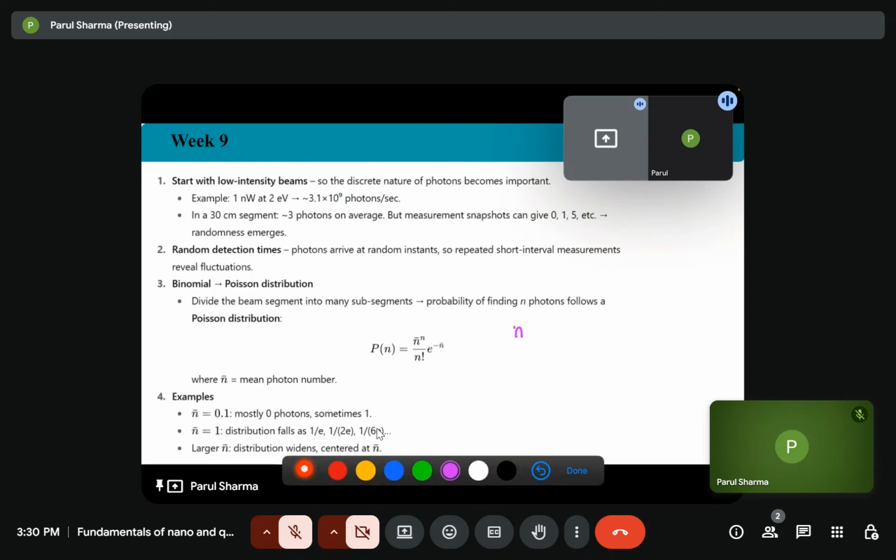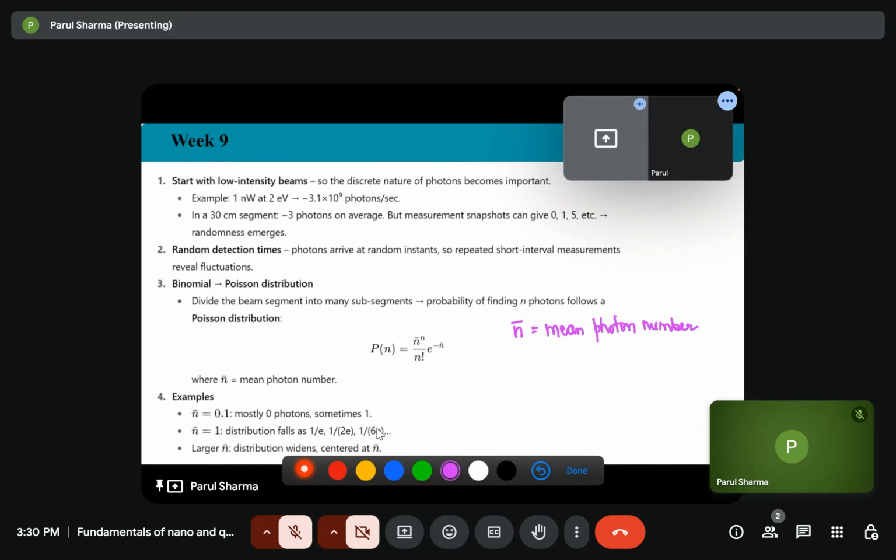So here n bar is the mean photon number. So Pn is equal to n bar to the power n, exponential minus n bar, upon n factorial.